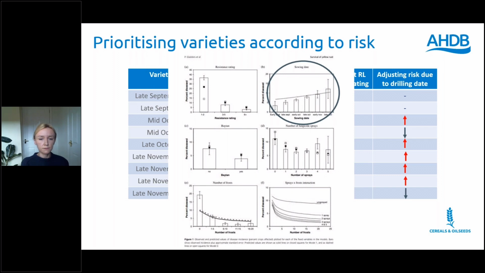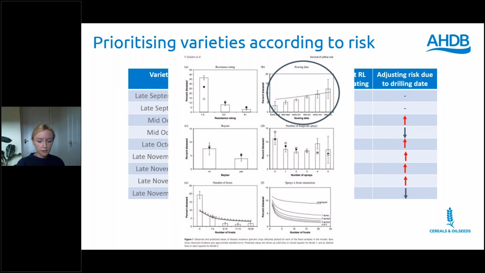So from the context of managing yellow rust on the ground in UK settings, the first thing you need to think about as you go into the season is the impact of sowing date. We know very clearly that as you go into October, early November, into late November, the challenge around managing yellow rust increases. So you're more likely to get infection, and your risk increases as you delay that sowing.